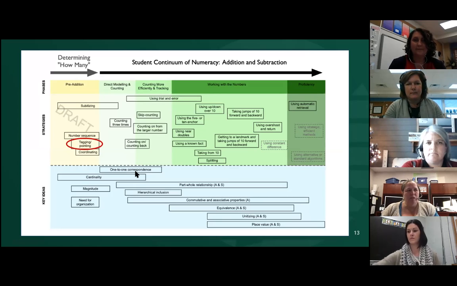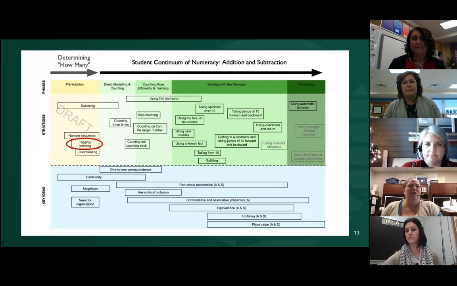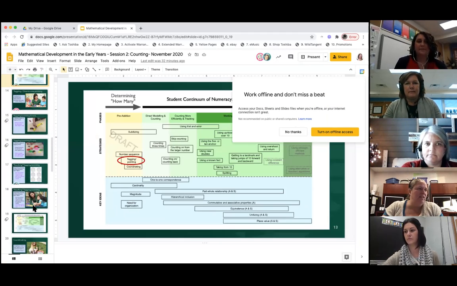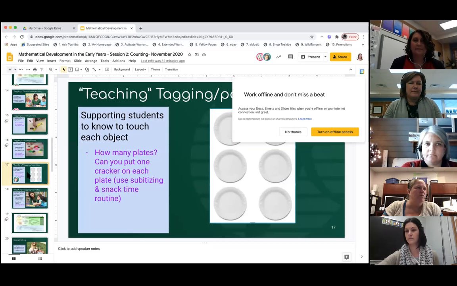One-to-one correspondence is a key idea, and actually, what I was fumbling with a little bit there around the plates is related to one-to-one correspondence. Let me just jump out of the slide deck for a second so I can jump back to this one here.